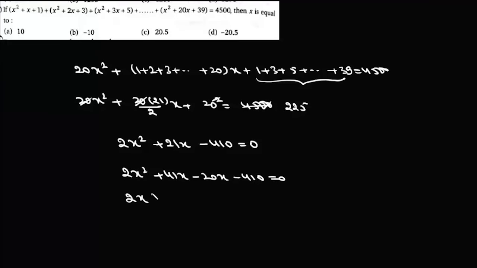So this is 2x, x plus 41, and this is minus 20, x plus 41 equals 0. So the value of x is either 10 or minus 41. So in this case, the only possible value of x is plus 10, and that's your option A.